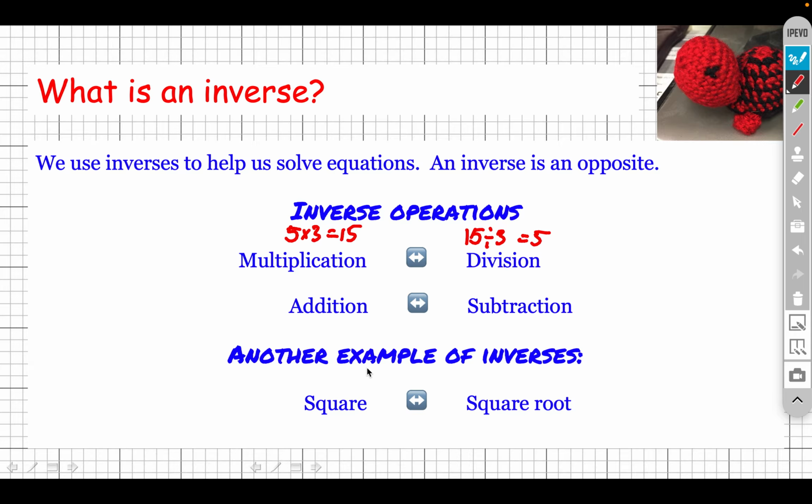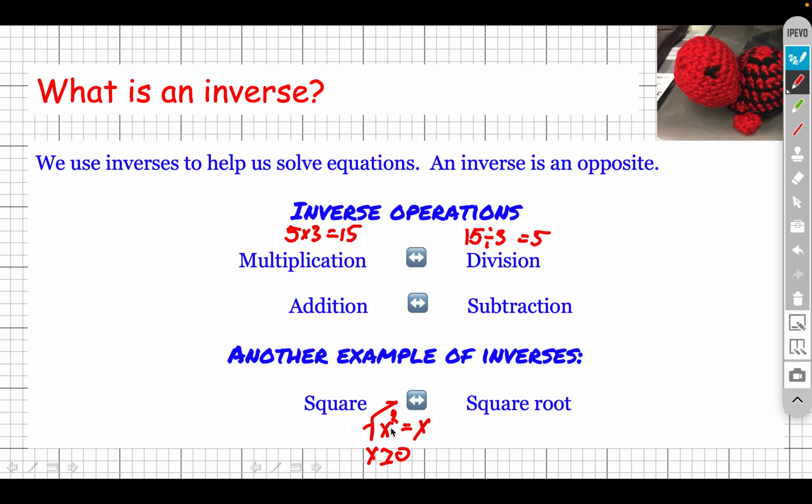When we're looking at squares and square roots, a square is not necessarily an operation. Squaring is a function, and a square root is a function, but these two functions undo each other. Because if we take x squared and then we take the square root, we get back x, as long as x is greater than or equal to 0.